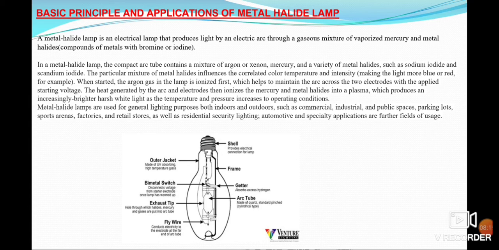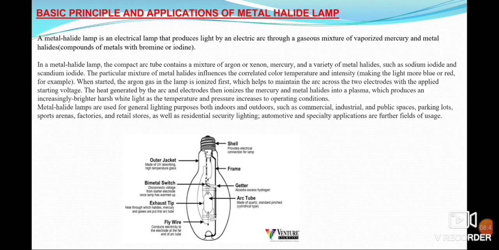So when the heat generated by the arc and electrodes ionizes the mercury and the metal halides into a plasma, it produces an increasingly brighter harsh white light as the temperature and pressure increase to operating conditions.